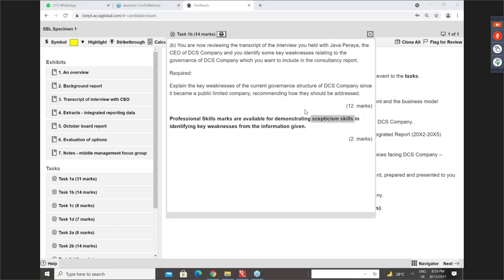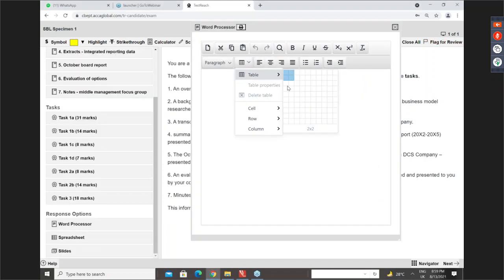Find the weakness. So which format should we use, a tabular format or a normal format? You remember previous lectures?